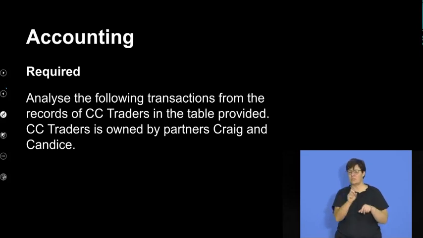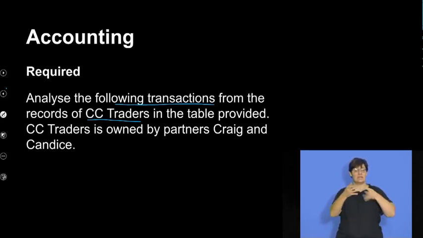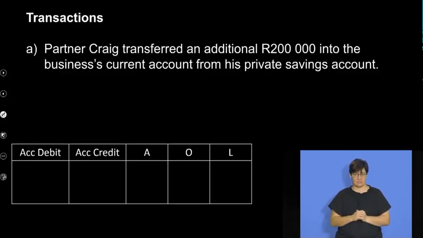Required, analyze the following transactions from the records of CC Traders in the table provided. CC Traders is owned by partners Craig and Candace. Right, so let's go straight into the transactions.